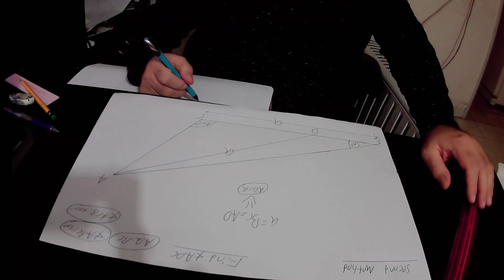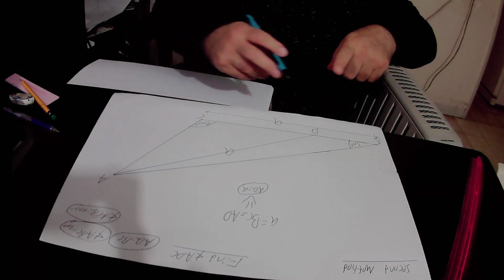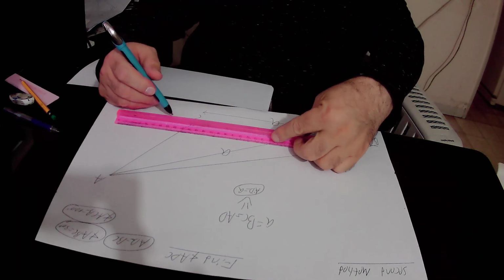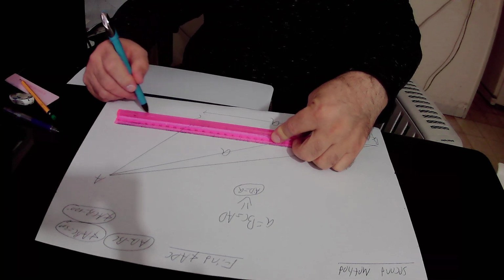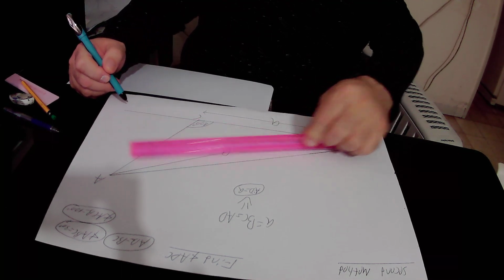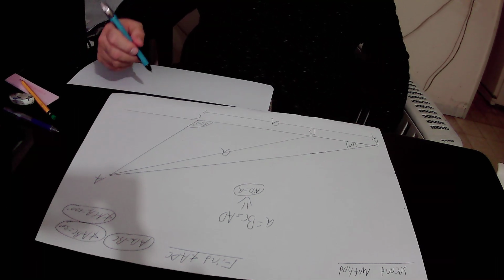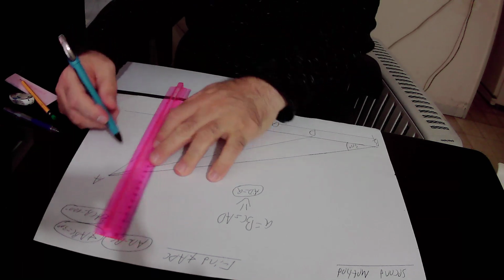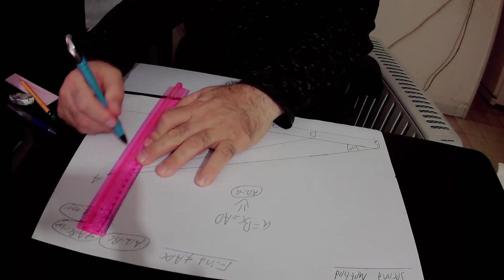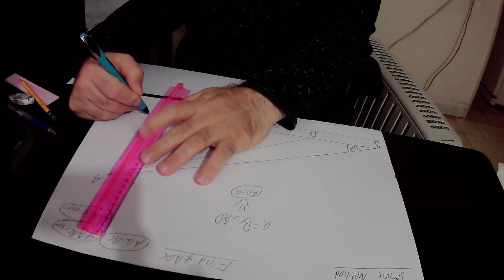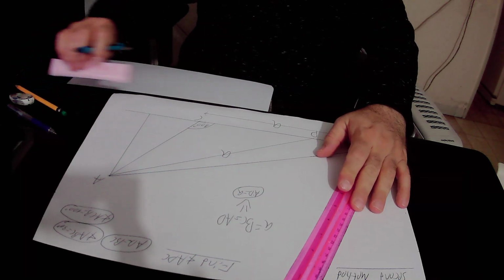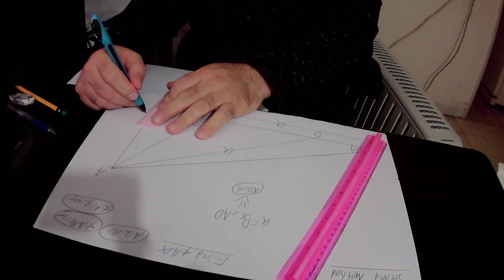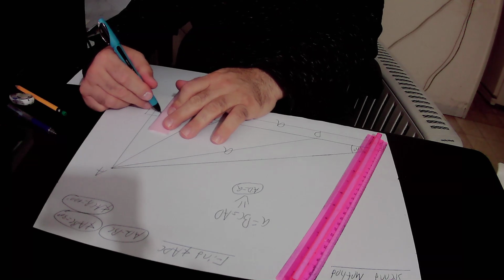In the next step, we will extend side BC of triangle ABC by a straight line. And then from point A, we will draw a perpendicular to the extended BC. So this angle will be equal to 90 degrees, and this angle will also be equal to 90 degrees.